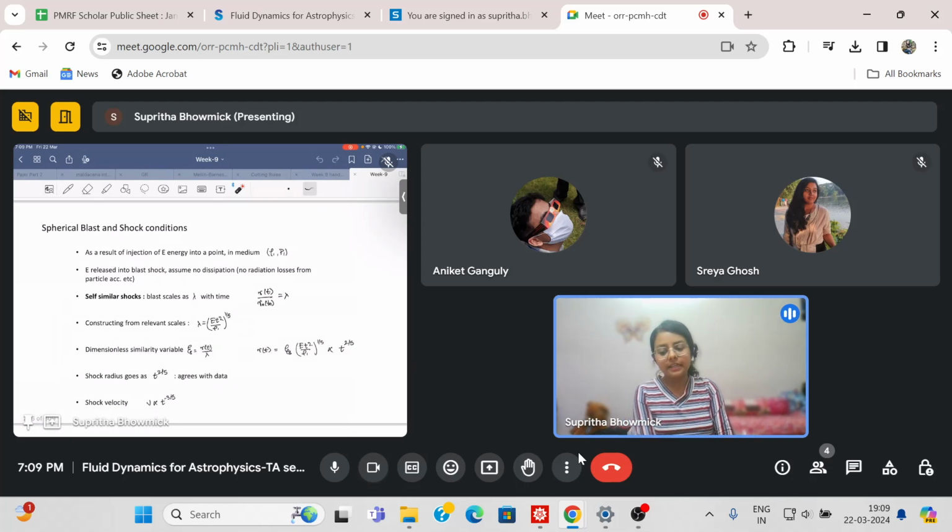Okay, then we go on to spherical blast waves and shock conditions. So we said that these spherical blast waves will arise as a result of injection of some amount of energy into a point in a medium whose density is rho 1, pressure is P1. And we said that this is released into blast shocks, and we assume that this energy is not dissipated with time.